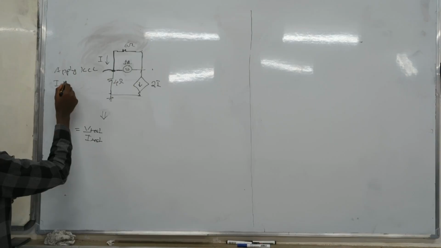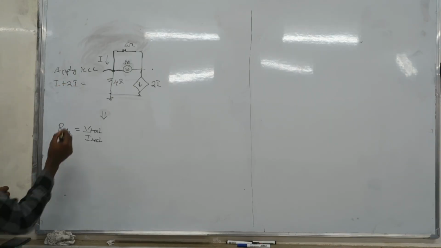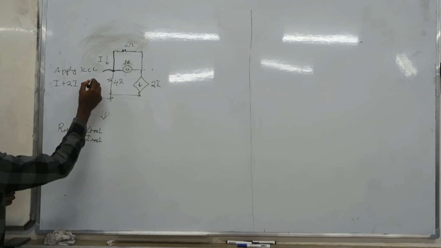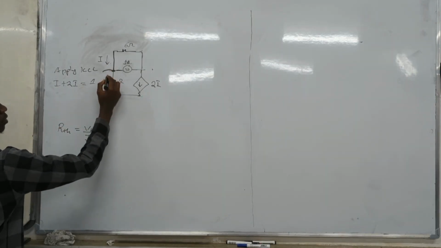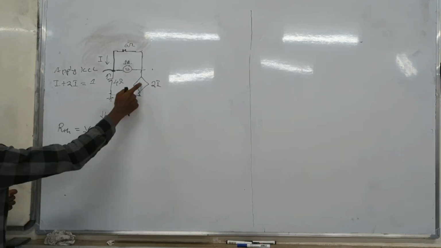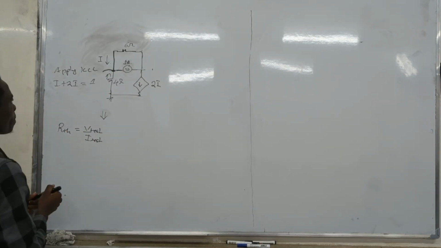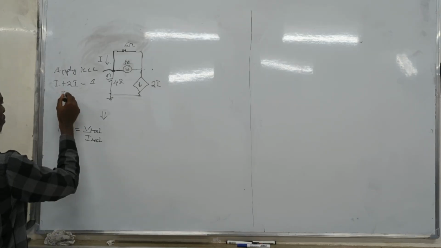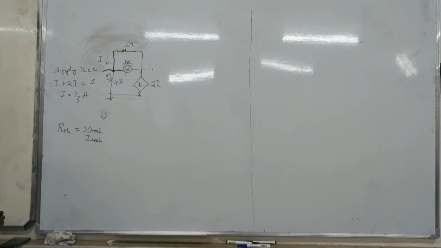So I plus 2I is equal to 1 amp. So meaning I is what? 1/3 amps.